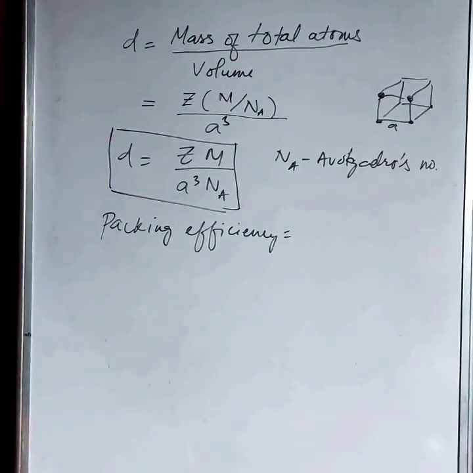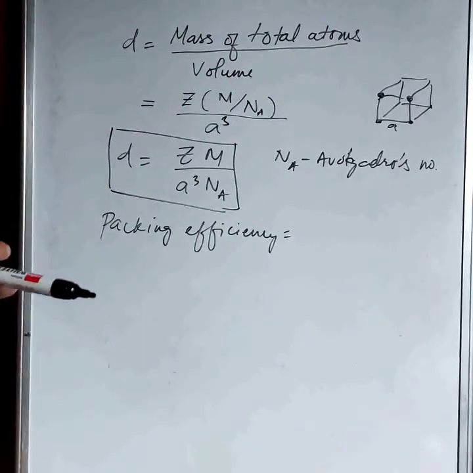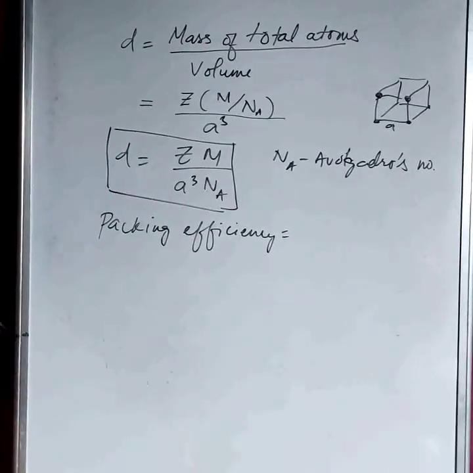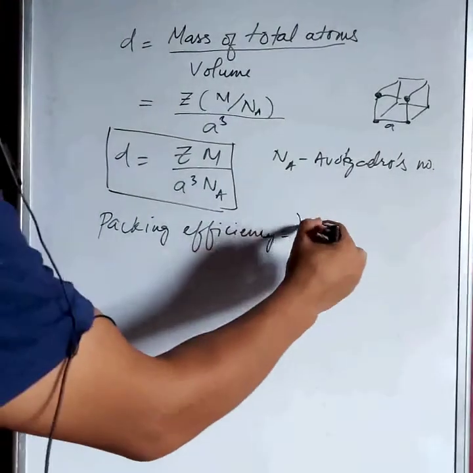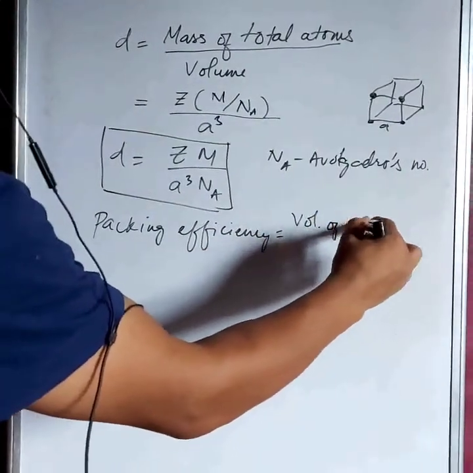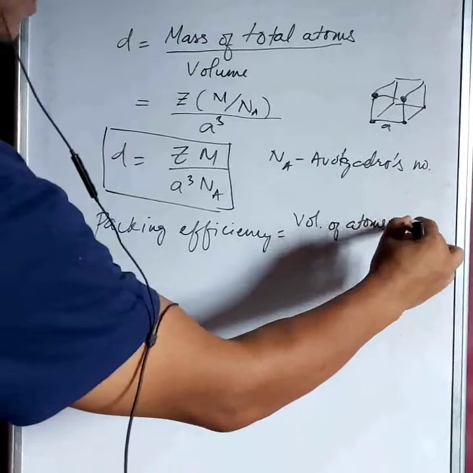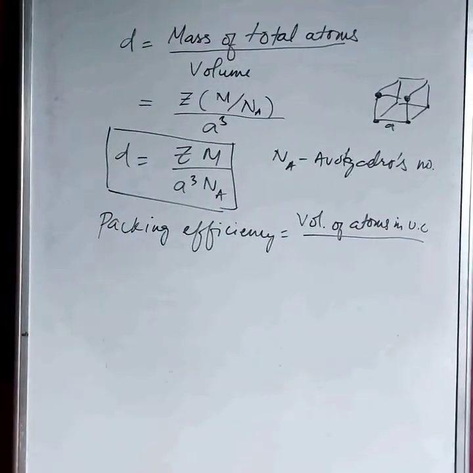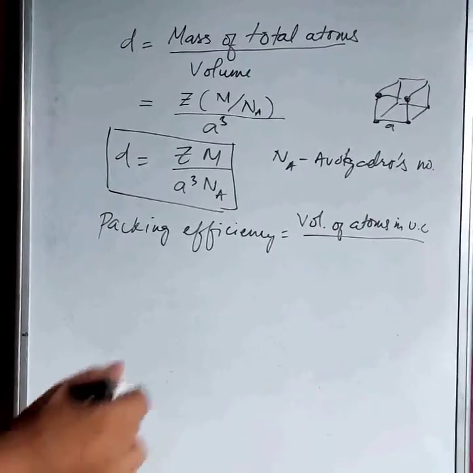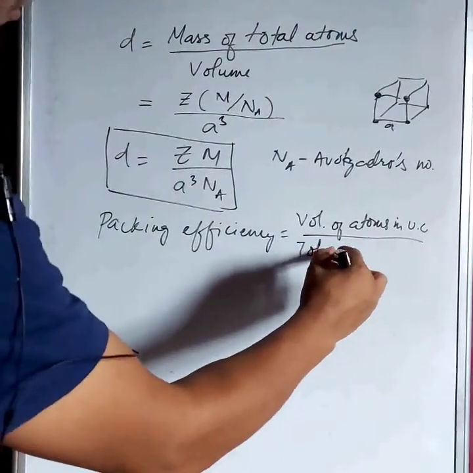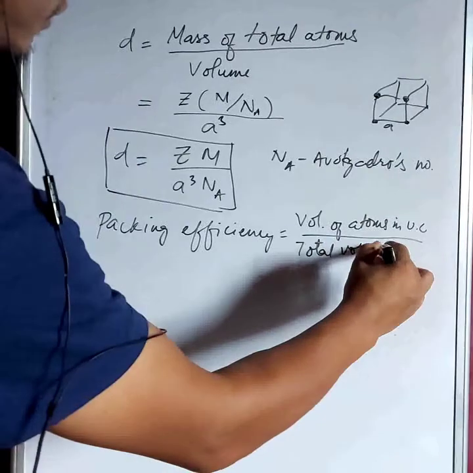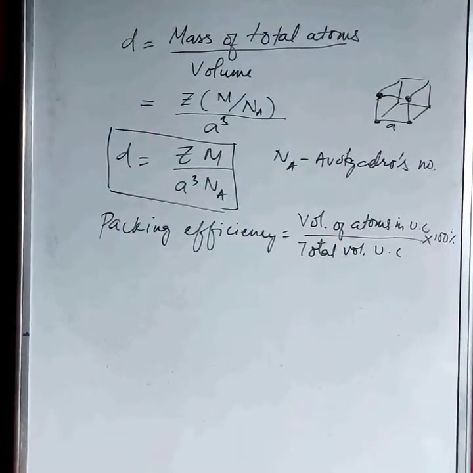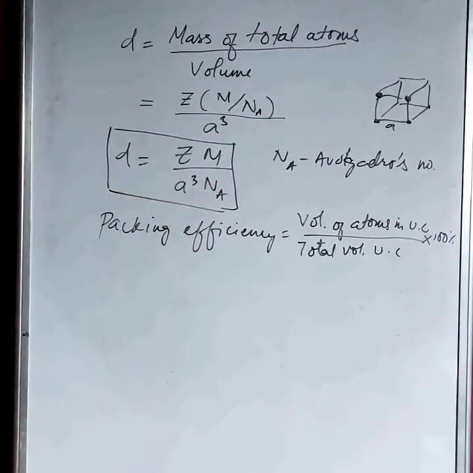For hexagonal cubic system, it's different. So packing efficiency is given by the volume of atoms in a unit cell over the total volume of the unit cell, into 100. That gives us the packing efficiency in percentage.